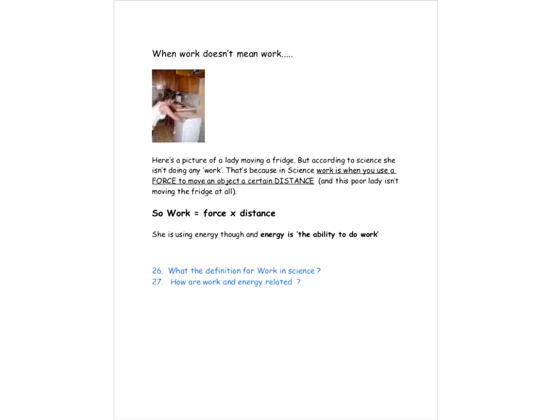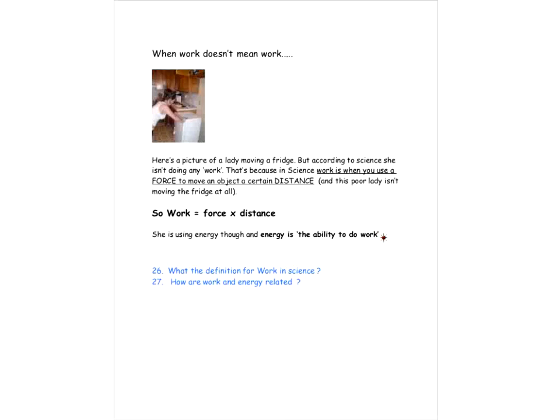Because in science, work is equal to force times distance. And see, she can be pushing on the fridge with a whole bunch of force, but if she's not moving at any distance, the amount of work, according to science, is zero. So also remember that energy and work are related, because energy is the ability to do work. So she is using energy.